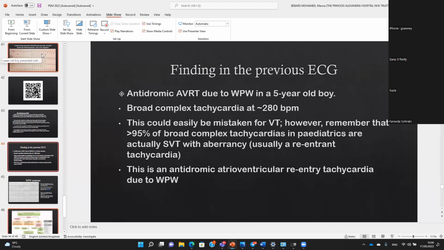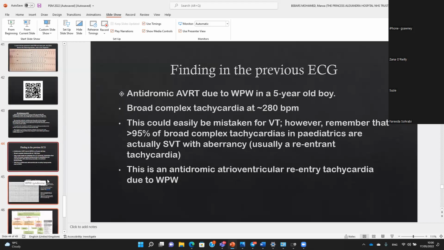However, remember that more than 95% of broad complex tachycardia in pediatrics are actually SVT with aberrancy or accessory pathway, usually a re-entry tachycardia. If you remember the types we spoke about earlier, that will be antidromic atrioventricular re-entry tachycardia. The finding in the ECG.